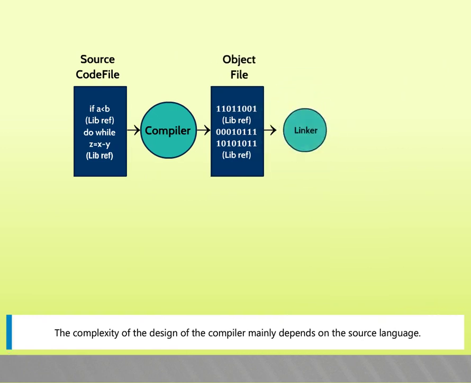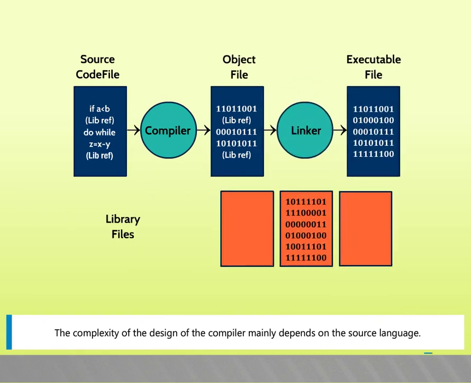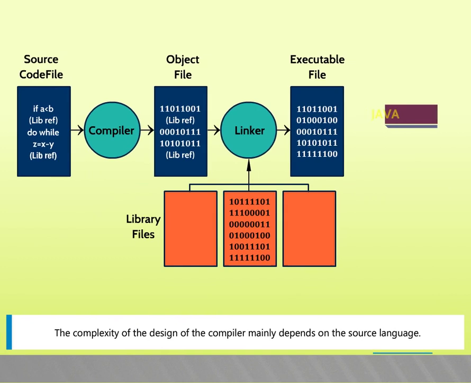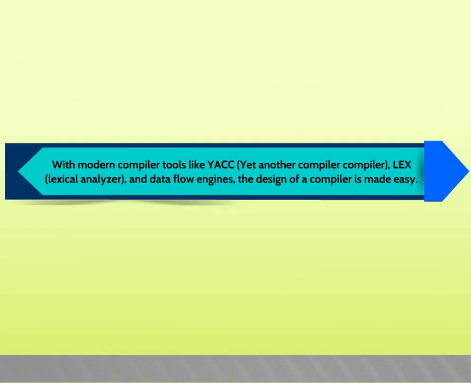The complexity of the design of the compiler mainly depends on the source language. With modern compiler tools like YACC, that is, Yet Another Compiler Compiler, lexical analyzers, and data flow engines, the design of a compiler is made easy.